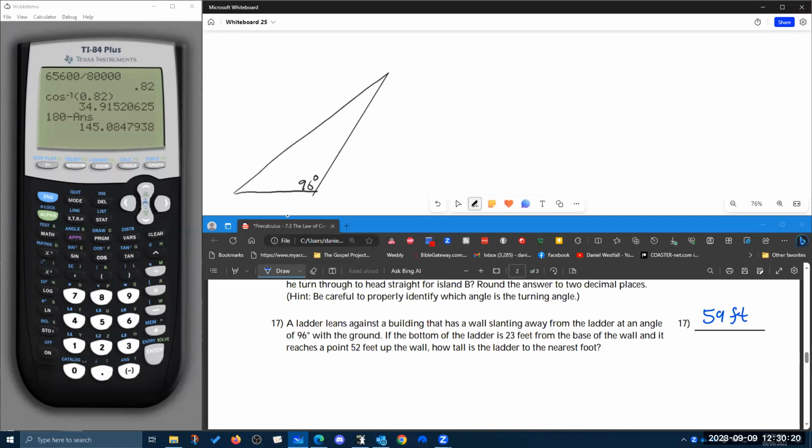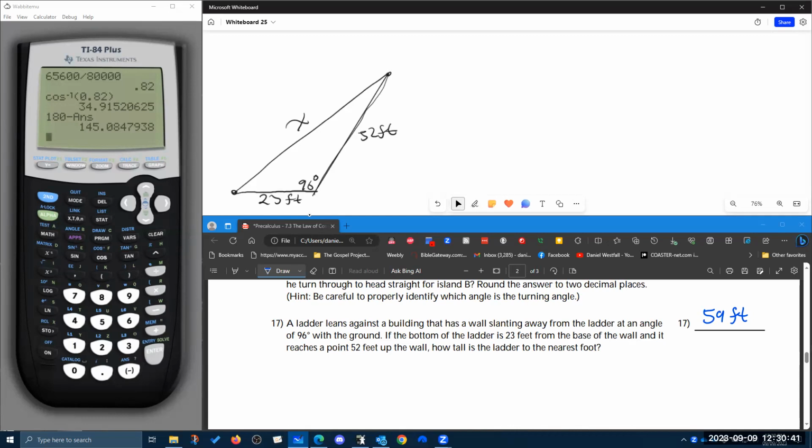The ladder is 23 feet away from the base of the wall, and it reaches a point 52 feet up the wall here, and we want to know the length of the ladder to the nearest foot.